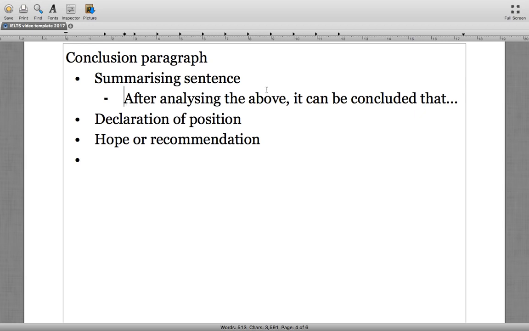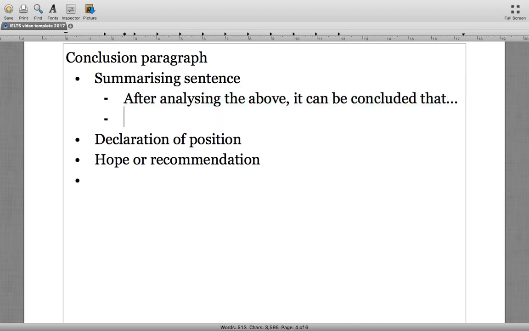So, as you see, even in this example lead-in here, after analyzing the above, it can be concluded that, of course, after this, you're going to go right into what your position is in the essay, and so that would also fulfill the second part here, declaration of position. So that could be one way to start the sentence.